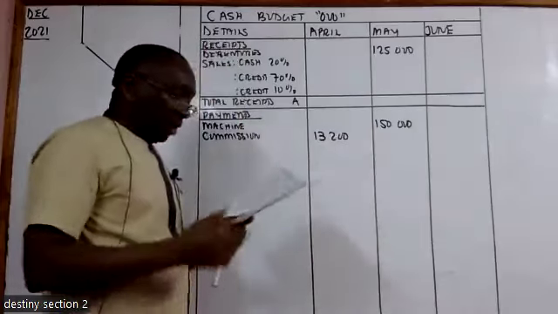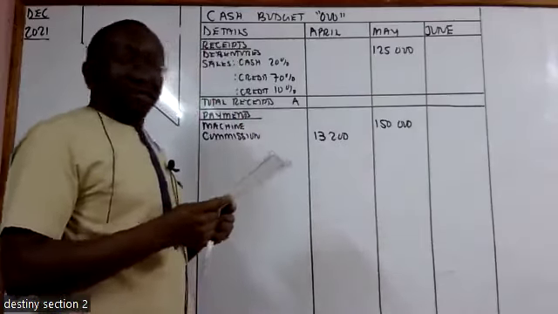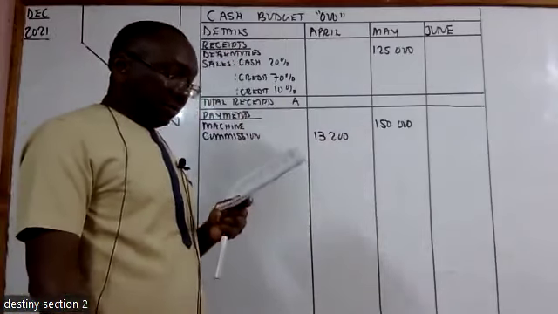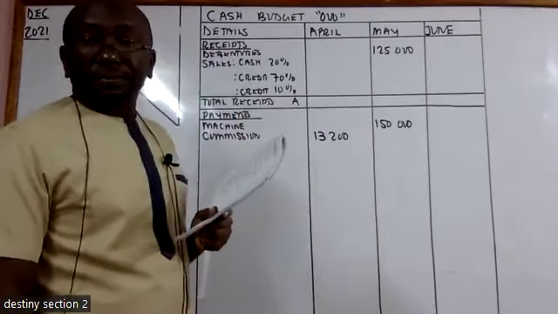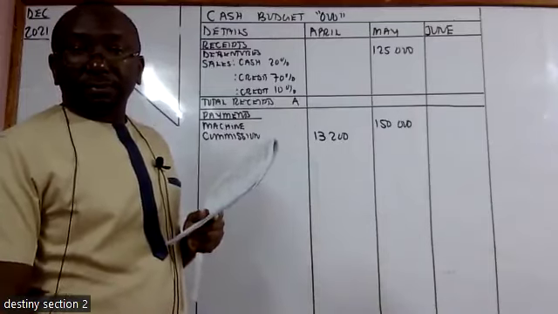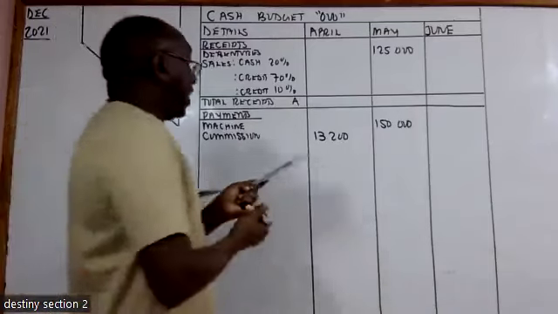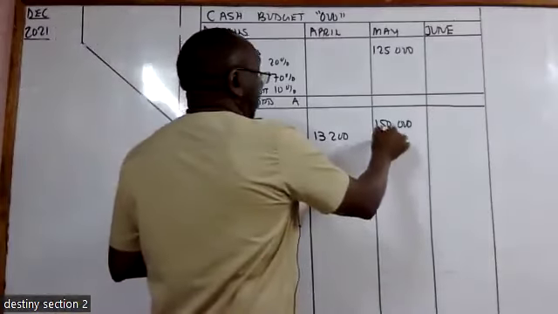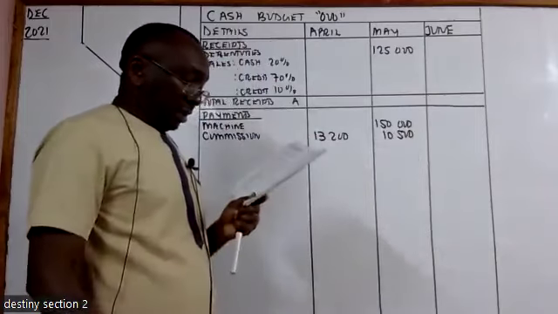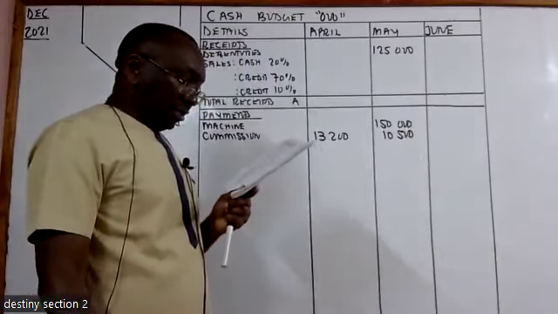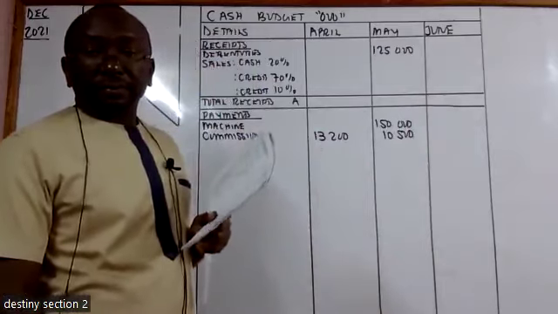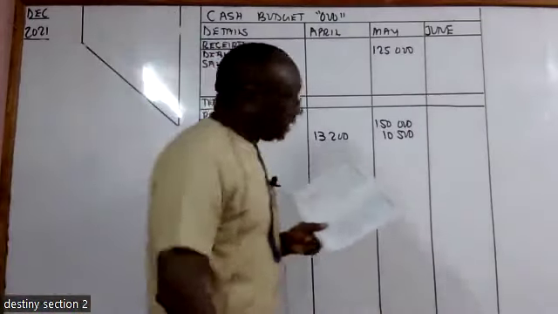Then we go to April, 350. So 3% of 350,000 is 10,500. And then 3% of 360,000 is 10,800.